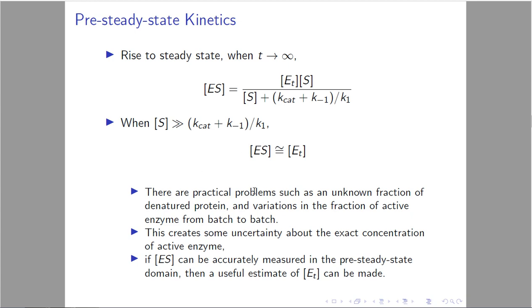There are practical problems, such as unknown fraction of the protein and variation in the fraction of active enzyme from batch to batch. Even though ES over E_T says all the enzyme can attach to the substrate, sometimes we have a defect in our enzyme, so we do not get the same number again and again.